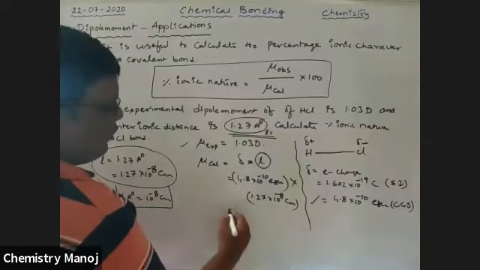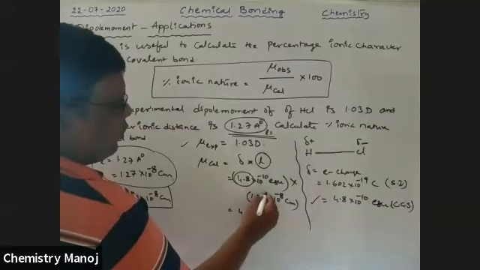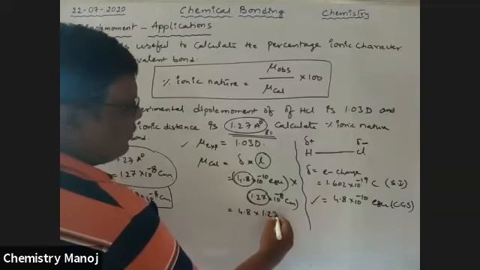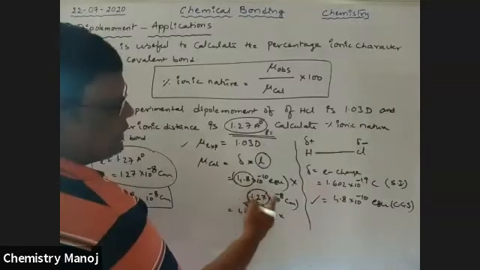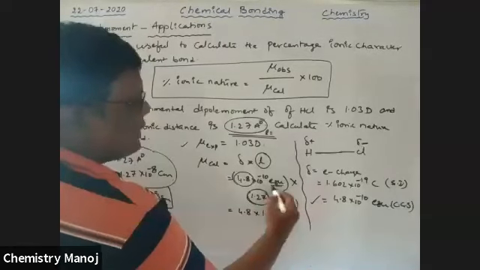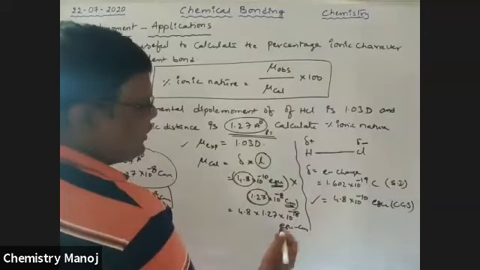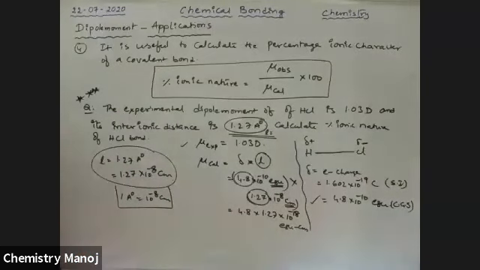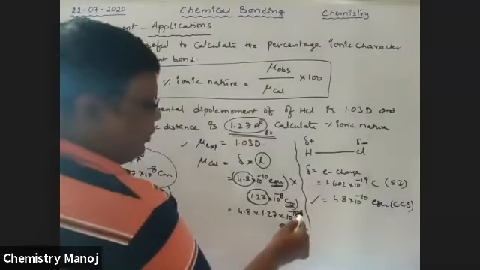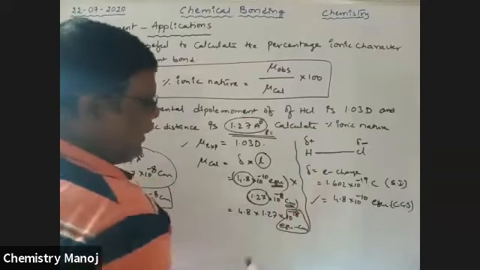So that is equal to 4.8 into 1.27 into 10 power minus 10 times 10 power minus 8, which is 10 power minus 18 ESU centimeters. But we know 10 power minus 18 ESU centimeters is equal to 1 debye.